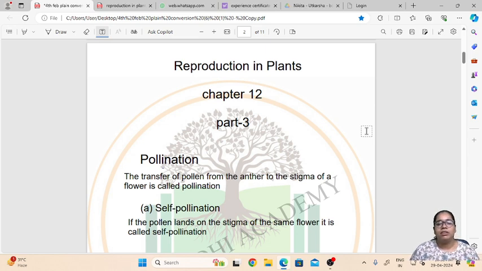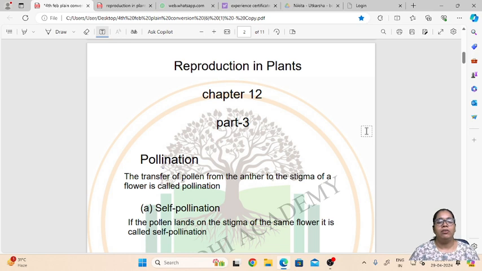From our previous class we know that anther consists of the male gamete and the stigma is the receiver of that male gamete in the female reproductive system. Now let us see how pollination takes place in plants.